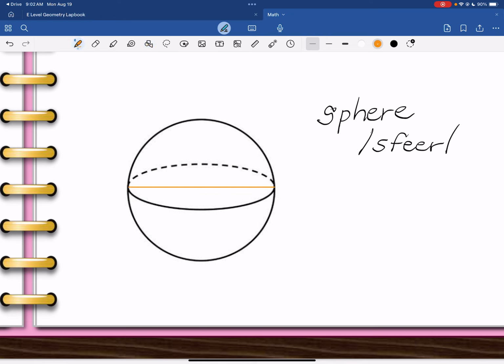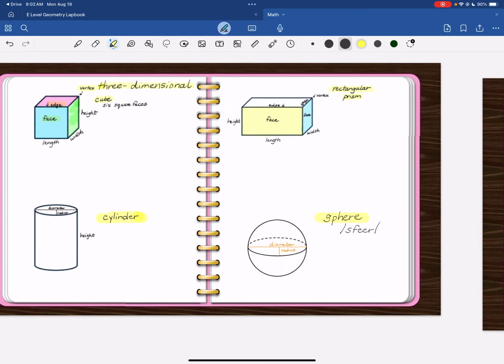Diameter. Anytime you're dealing with a circle, you can talk about radius and diameter. There's radius. Sphere is one of your vocabulary words. Okay.